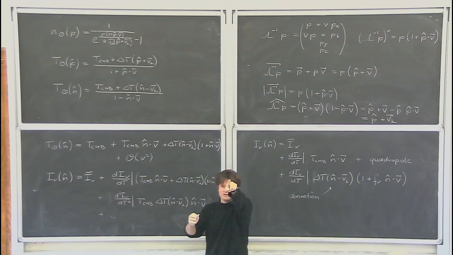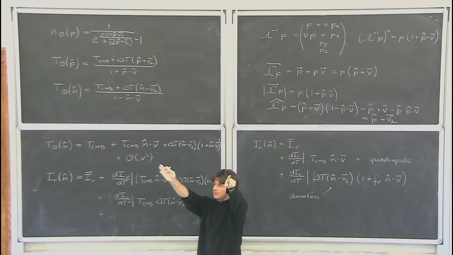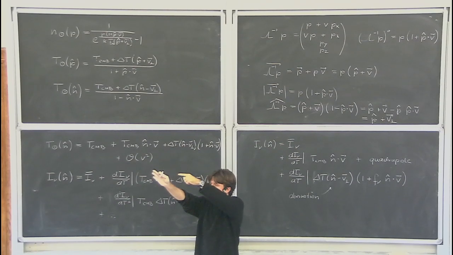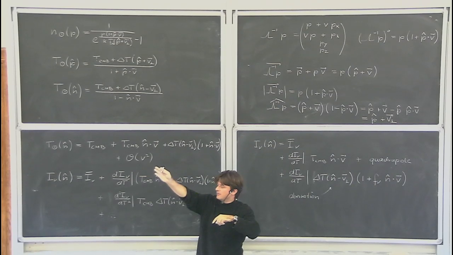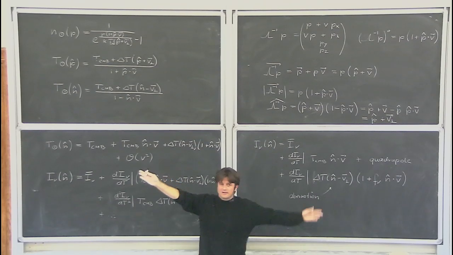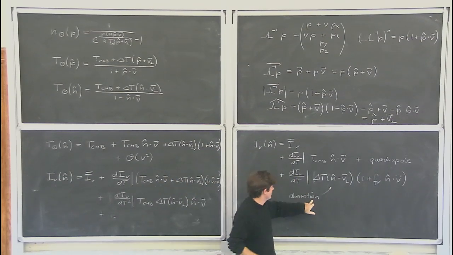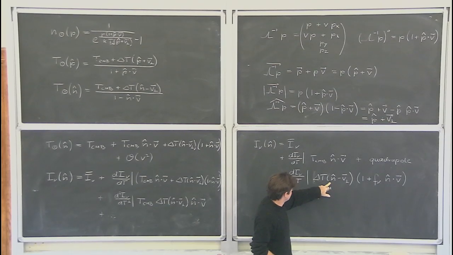If I'm moving in this direction, if this is V, and I'm looking in the n hat direction, what I see is the fluctuation that's in the n hat minus the transverse component of the velocity to the normal, which is pointing this way. It's minus, so it's pointing back this way. So if I look in this direction, I see the temperature fluctuation in the CMB rest frame that's somewhat back. So the pattern is beamed. This is the aberration. You've probably seen similar examples in your special relativity class. So this is the usual relativistic aberration.